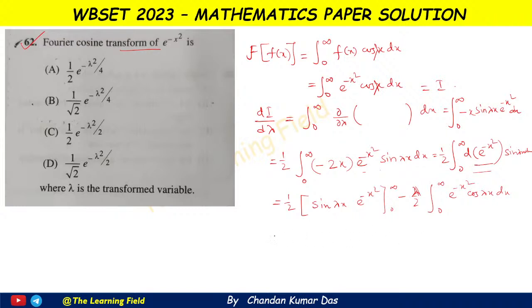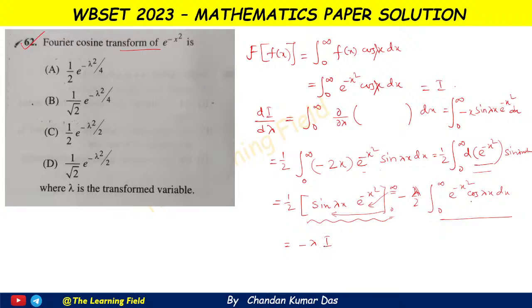This term goes to 0: if we put infinity, the term is 0, and if we put 0, sin gives 0, therefore the total term gives 0. And if we see the integration, this is equal to minus lambda into simply I.